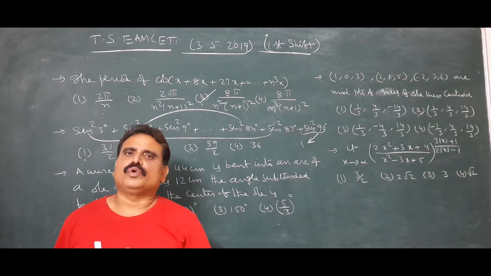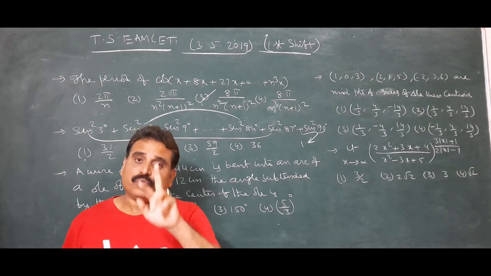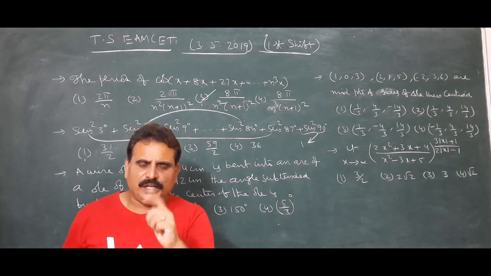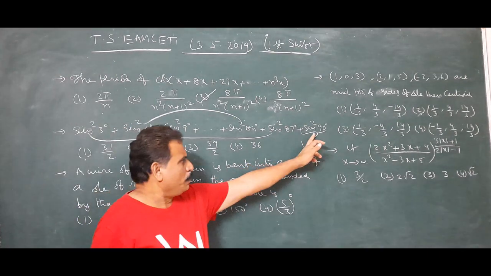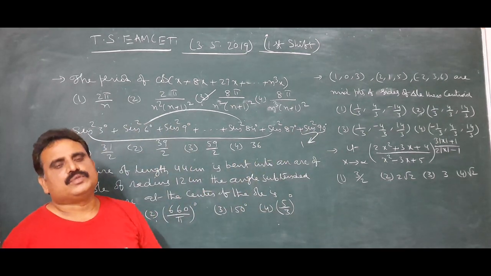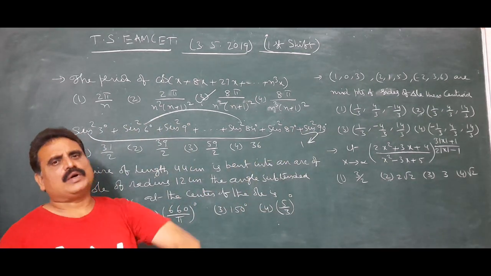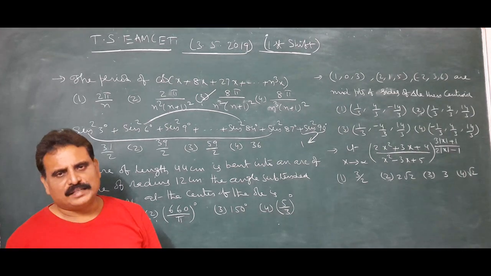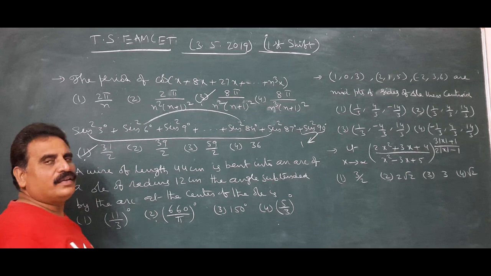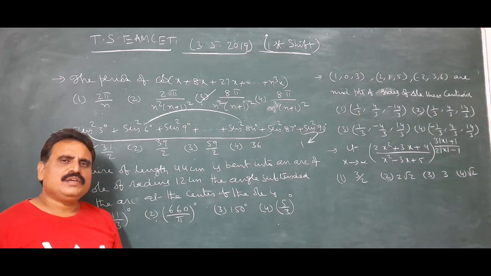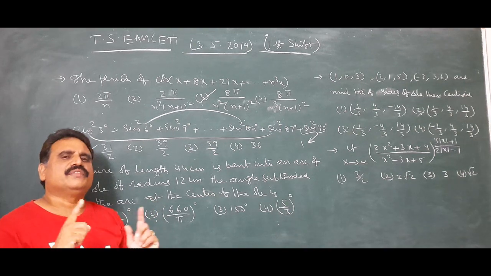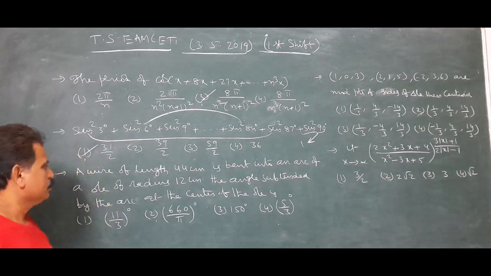Remaining terms are 28, 14 pairs, 14 ones. So 14 into 1 plus 1, 15, plus sine square 45, that is 1 by 2. 15 plus 1 by 2, that is 31 by 2. So by mental calculation, without using paper and pen, we can easily identify the right answer.